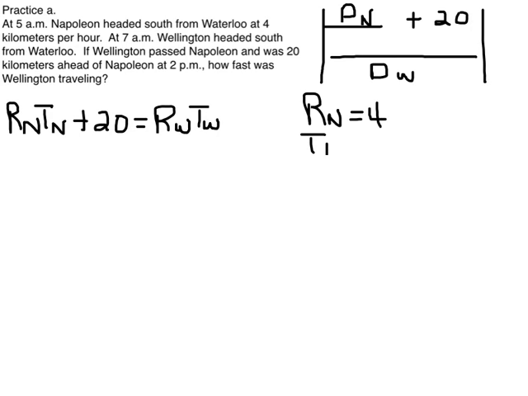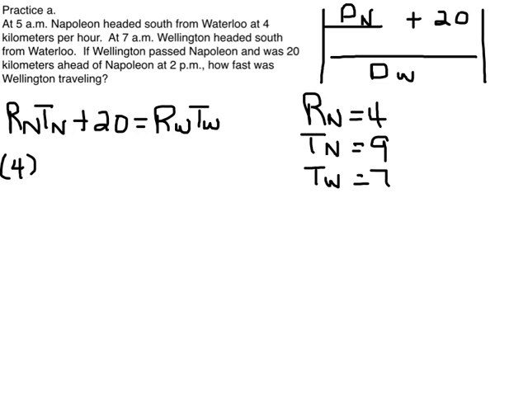Well, Napoleon left at 5 a.m. and then traveled until 2 p.m., which is a total of 9 hours. And then Wellington didn't leave until 7, so the time of Wellington would be 2 hours less than this, or 7.